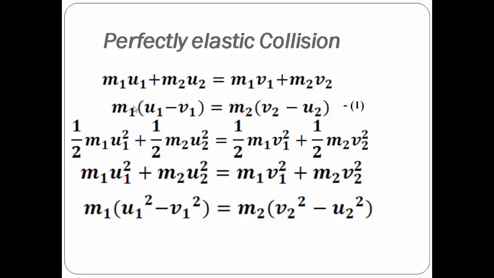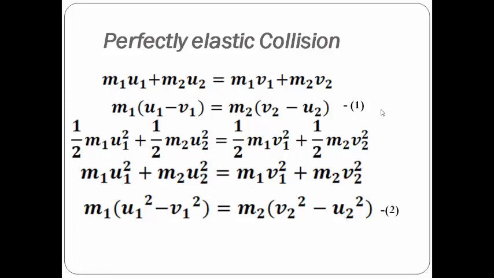The terms containing m1 on one side, taking m1 common, and the terms for m2 on the right side, taking m2 common. So we have m1 times (u1 squared minus v1 squared) equal to m2 times (v2 squared minus u2 squared). This is our equation 2.